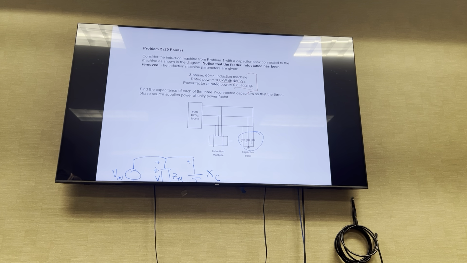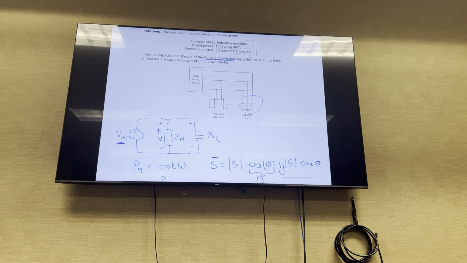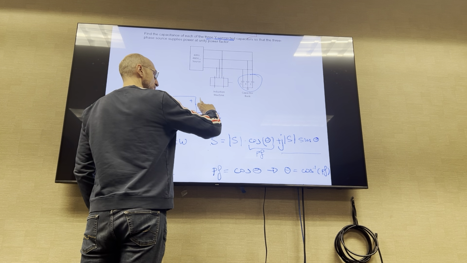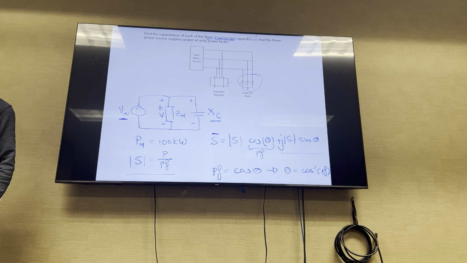And then what we're trying to do is we're saying that these guys are Y connected. So since I'm trying to find XC here, I know what the total reactive power of the three capacitors is.